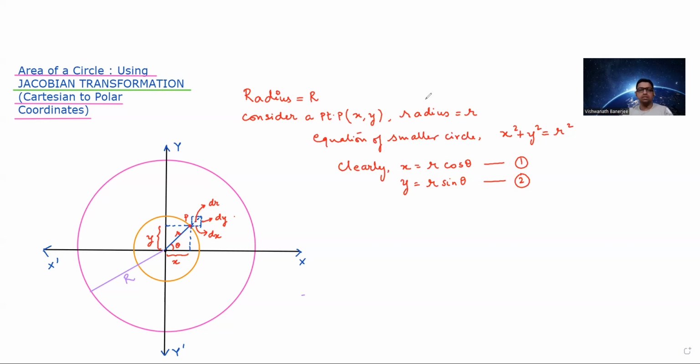Why we require this is that when we do the Jacobian transformation, that is, from xy coordinates to theta and r coordinates, the polar coordinates are theta and r. Any area which we are calculating within the circle is a small area, dx into dy.